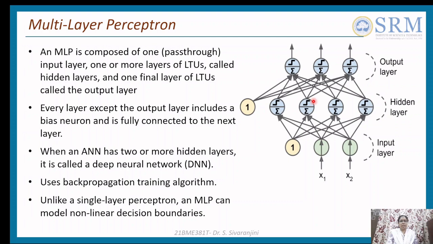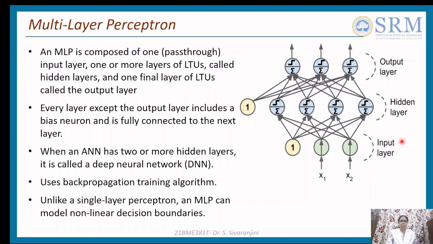This is where the deep neural network comes into the artificial neural network. When we have two or more hidden layers, we call it a deep neural network. The algorithm used to train these multi-layer perceptrons is the backpropagation algorithm.